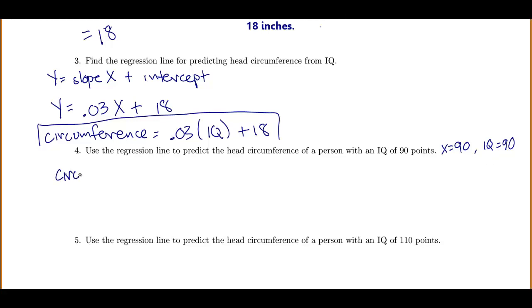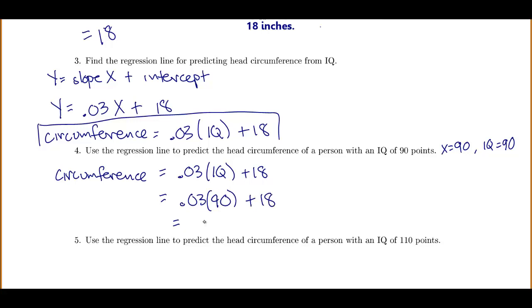So circumference equals 0.03 times IQ plus 18, which is 0.03 times 90 plus 18. This gives me 20.7 inches. So if they have an IQ score of 90, we predict their head circumference will be 20.7 inches.